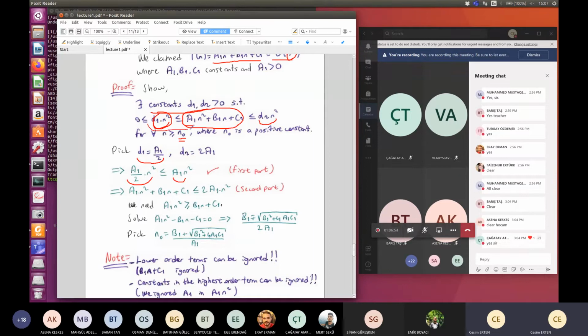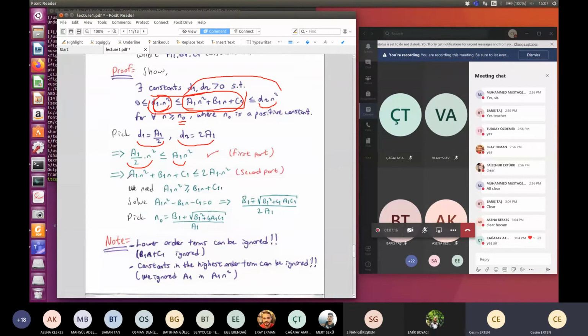So this part of our inequality is true. For the second part, we need to show that a1n squared plus b1n plus c1 is less than or equal to d2 times n squared. For this, we pick d2 equals 2 times a1. Is it true that a1n squared plus b1n plus c1 is less than or equal to 2 times a1n squared?